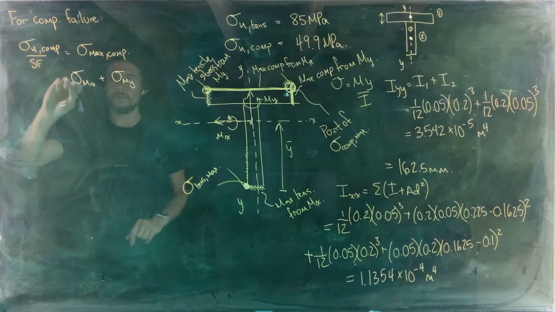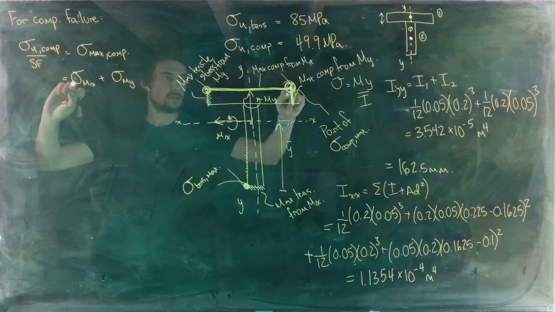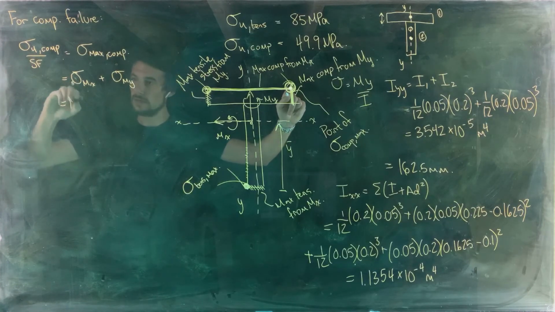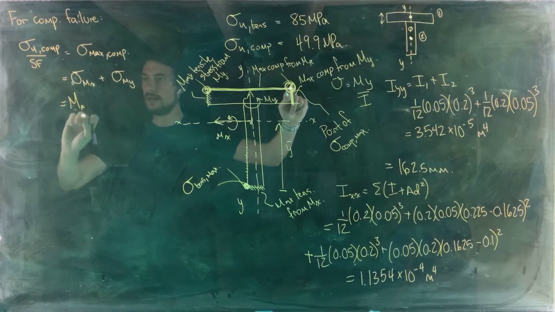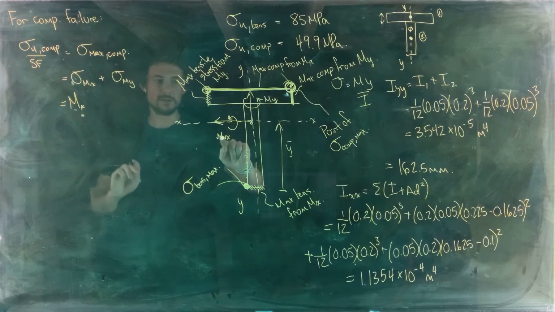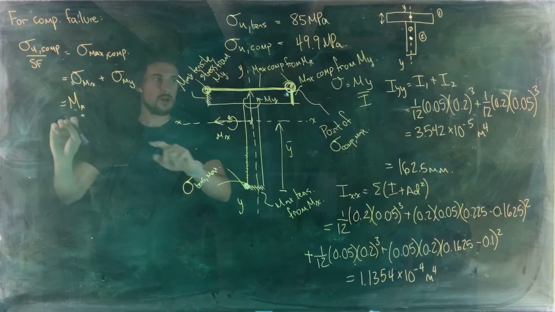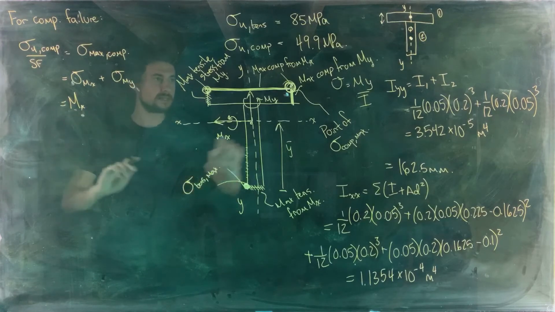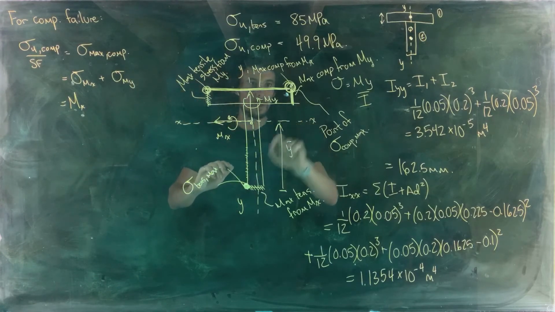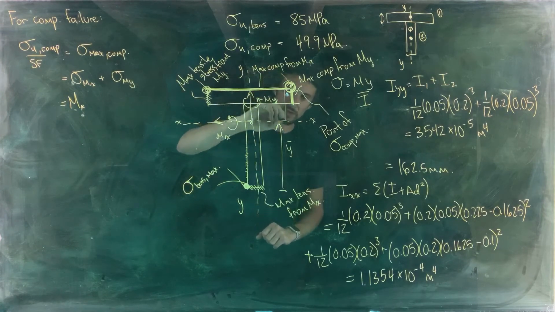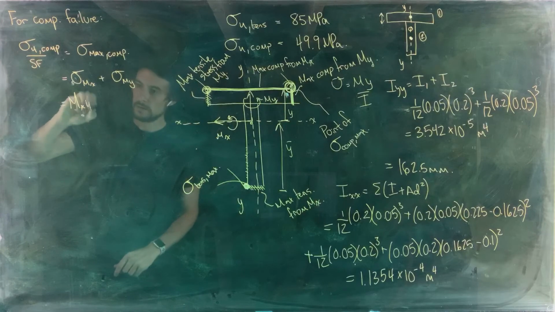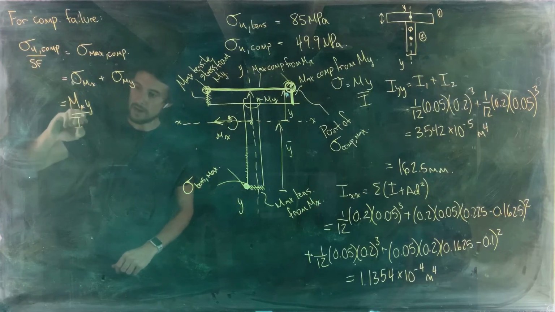What are these going to be? Well, the contribution to the compressive stress at this point from M_x is going to be that moment M subscript x, this component of the moment right here, multiplied by the distance this point is away from the x-x axis, so we can call that our distance y here, M_x y over I_xx.